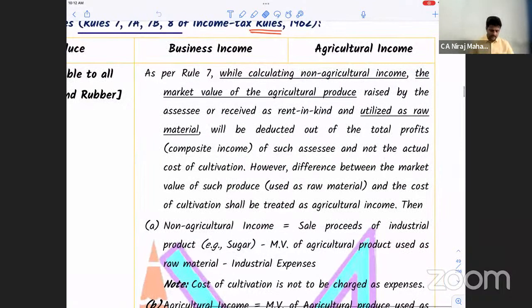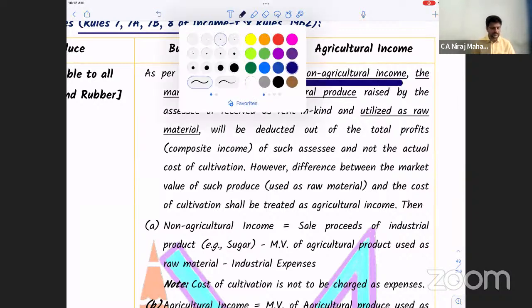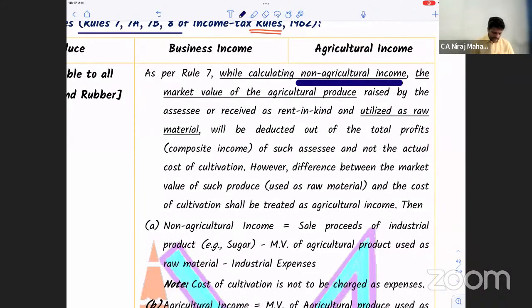As per Rule 7, while calculating non-agri income, that is business income, the market value of the agricultural produce raised by the assessee or received as rent in kind and utilized as raw material will be deducted out of the total profits.